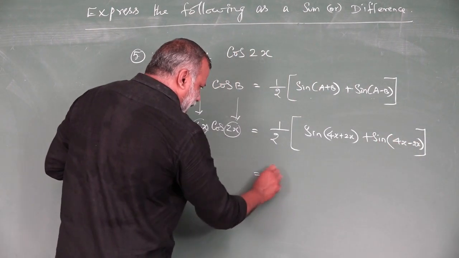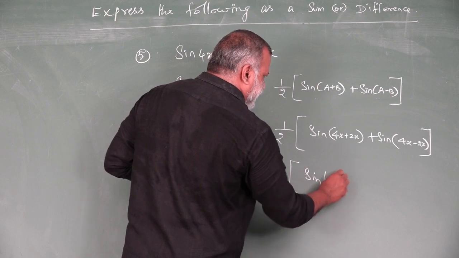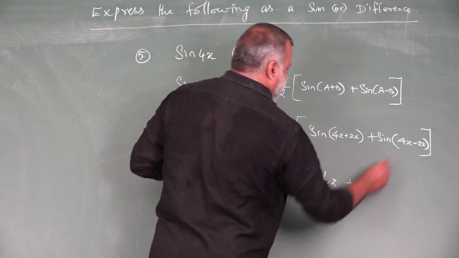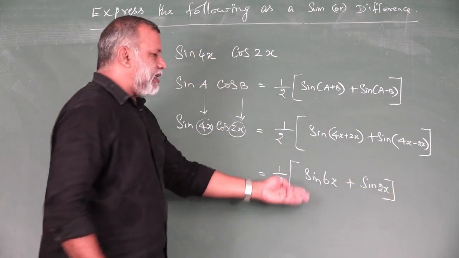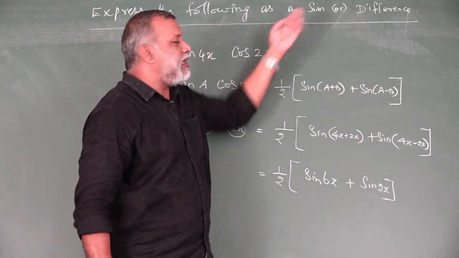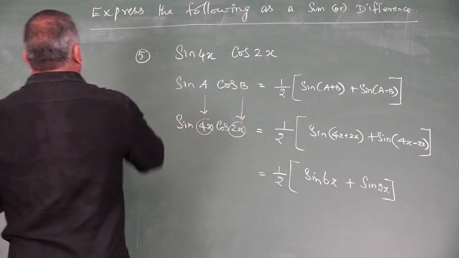So we can get half into sine of 6x, and here 4x minus 2x, we can get sine of 2x. So we are getting the addition. Addition is nothing but the sum or the difference idea. This is sum number 5.